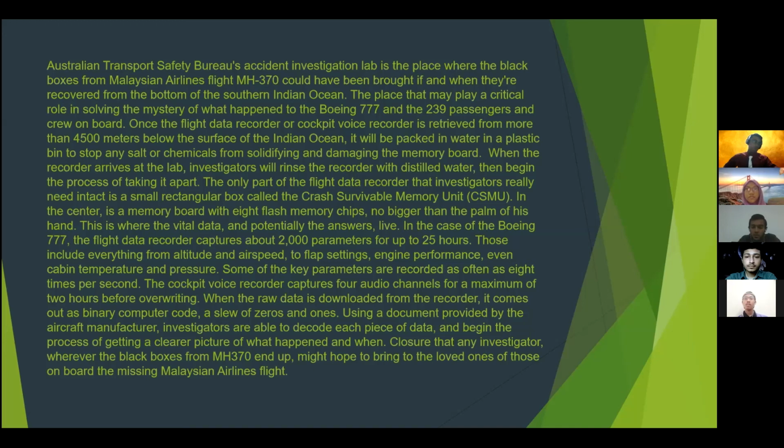Using a document provided by the aircraft manufacturer, investigators are able to decode each piece of data and begin the process of getting a clearer picture of what happened to the flight. Closure is what any investigator, wherever the black boxes from MH370 end up, might hope to bring to the loved ones of those on board the missing Malaysia Airlines flight. That's all for me.